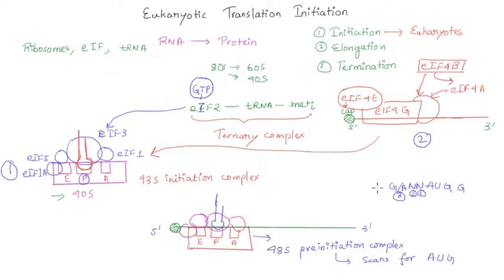So this sequence, the purine three nucleotides upstream of the AUG and a guanine immediately after the AUG, is recognized by the 48S pre-initiation complex. Now, this sequence is referred to as the Kozak sequence.